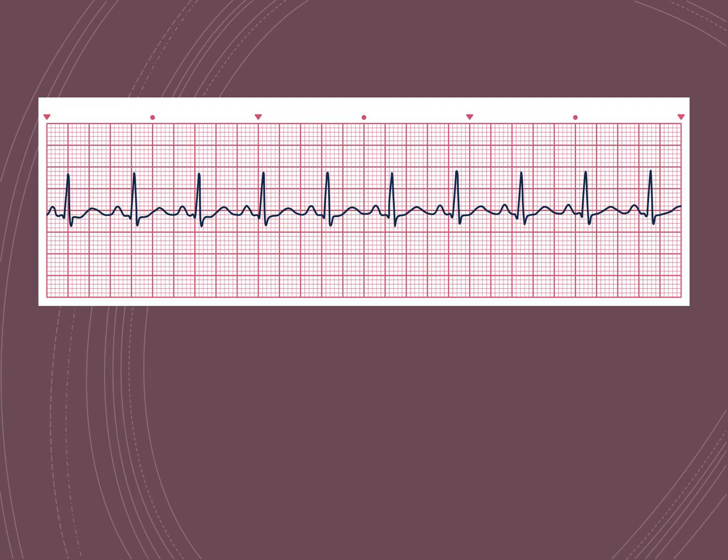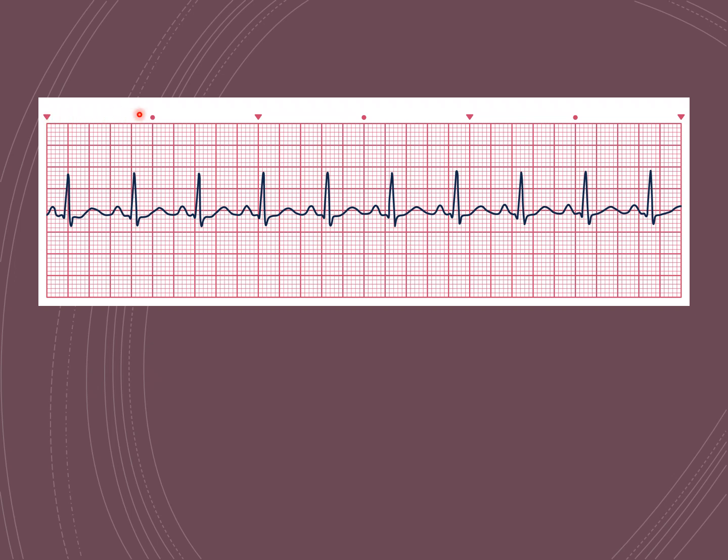Okay, so let's start with the 6-second method. I'm going to grab my pointer here. Each of these boxes represents 0.2 seconds. So we have 1, 2, 3, 4, 5. So 5 boxes represents 1 second. If you can see here at the top, there are these tick marks. So let's count those.